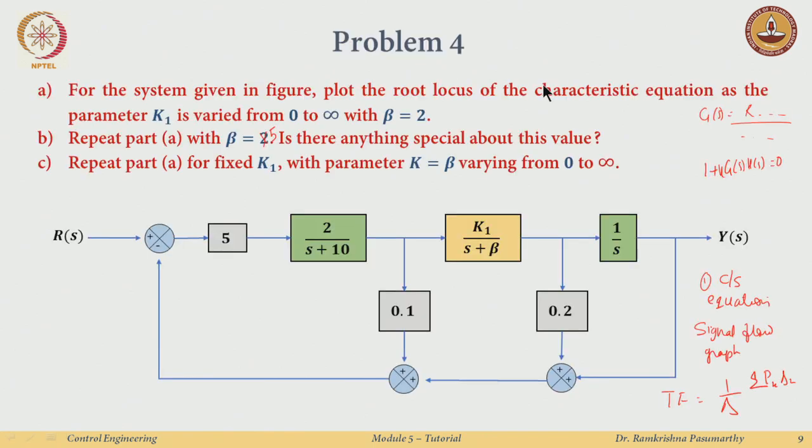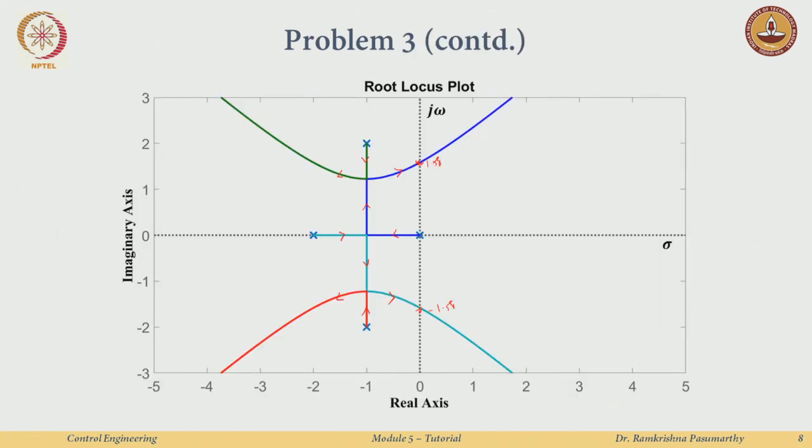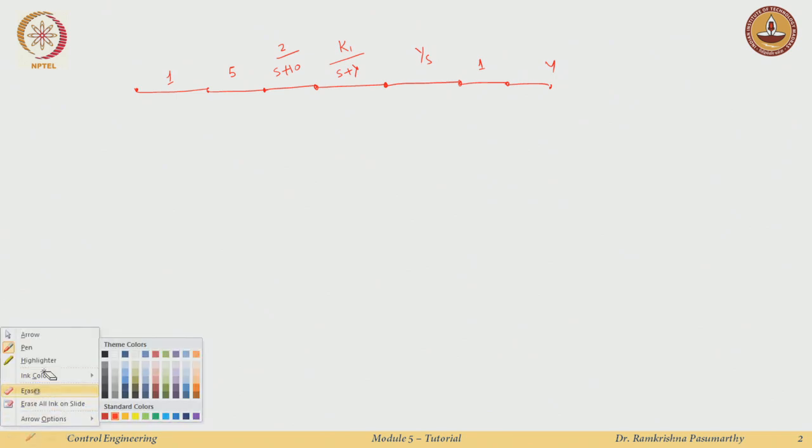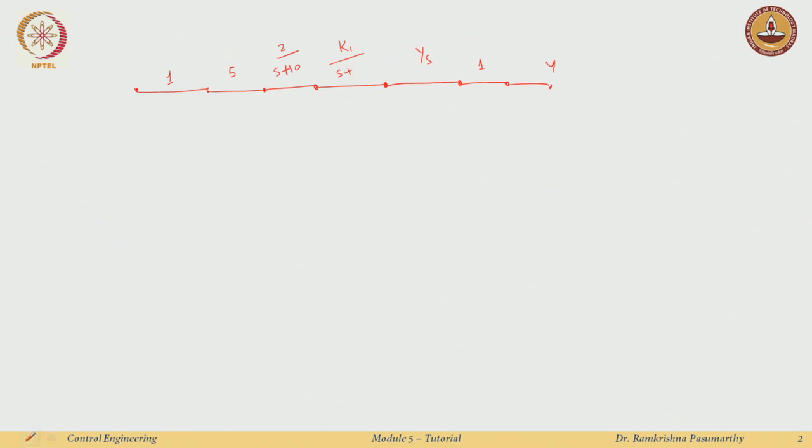Right. So, you have R, 5, 2 over s plus 10, k1 over s plus beta. Sorry, I called it a lambda here. So, let us erase that and put a beta. Okay.